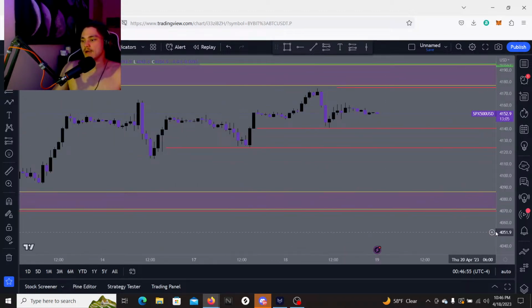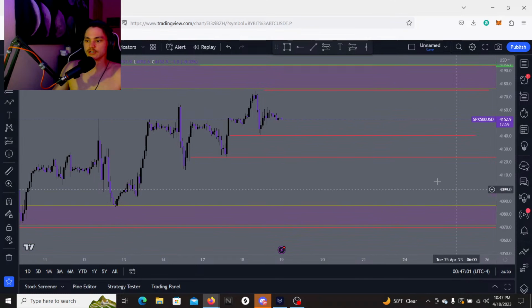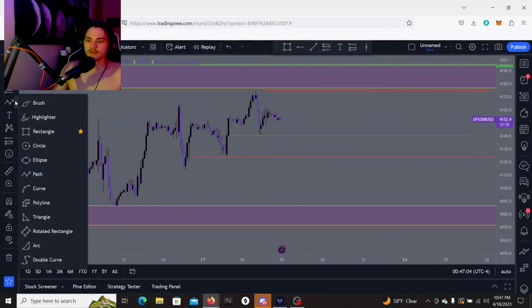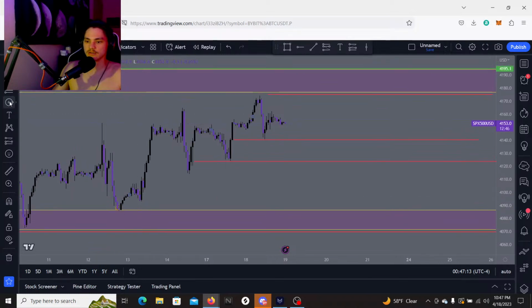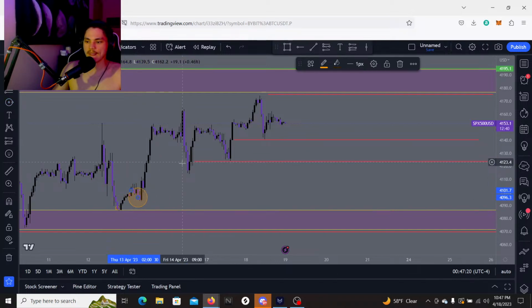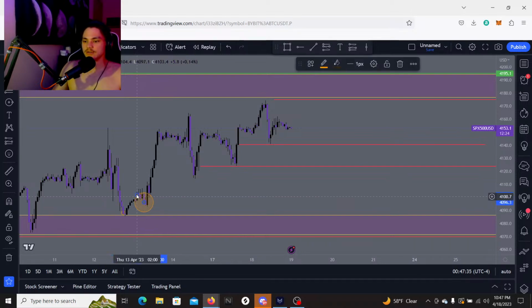We drop down to the 1 hour here. Overall, the structure is bullish, right? What are we making is the point.